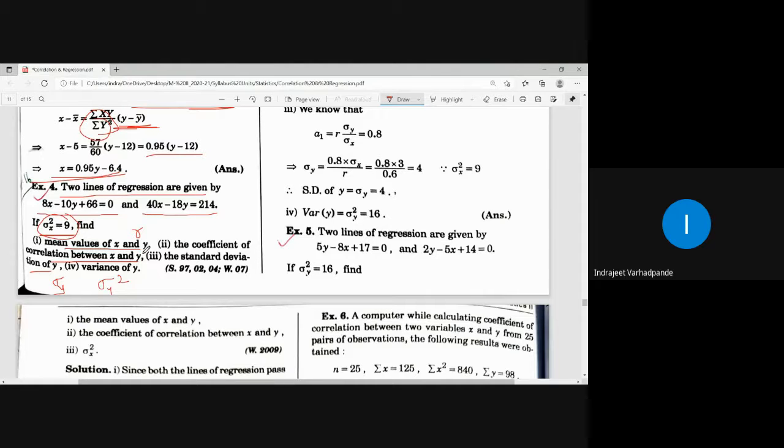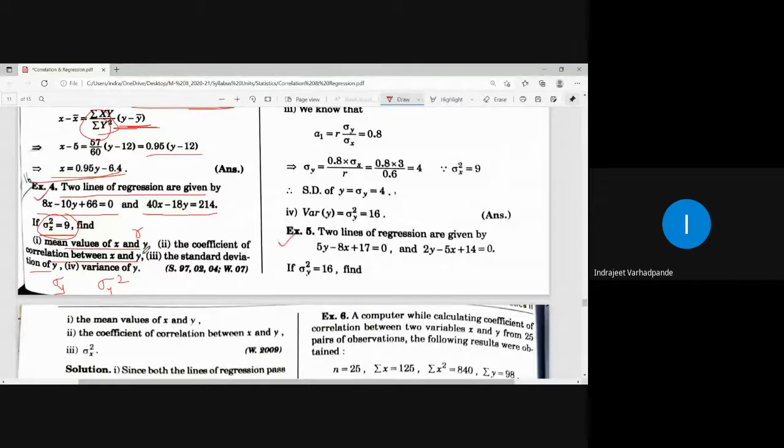Also, after doing so, we will check that the product of the regression coefficients should not be greater than unity; it should be lesser than unity, right? That is the property of regression coefficients we have.